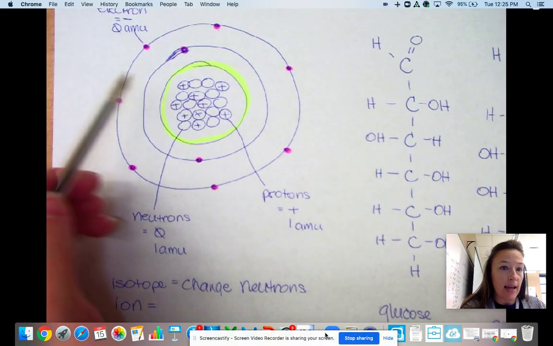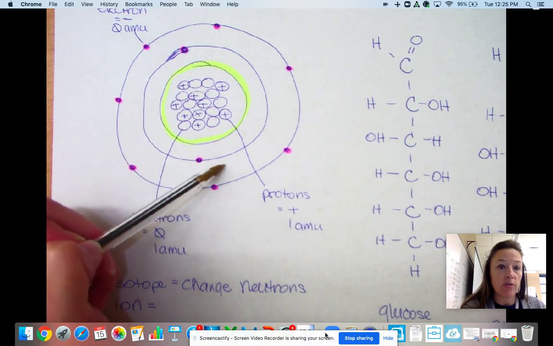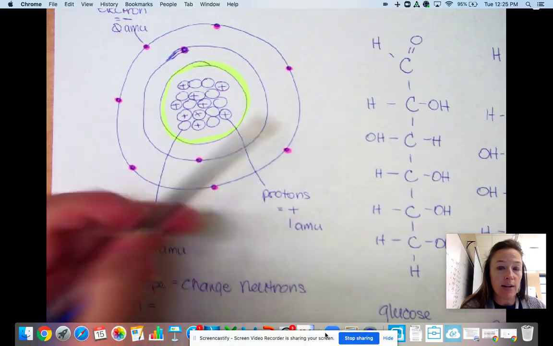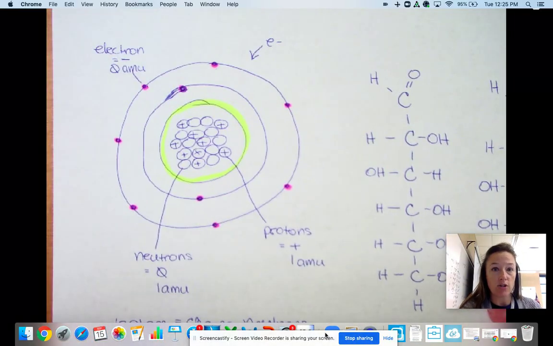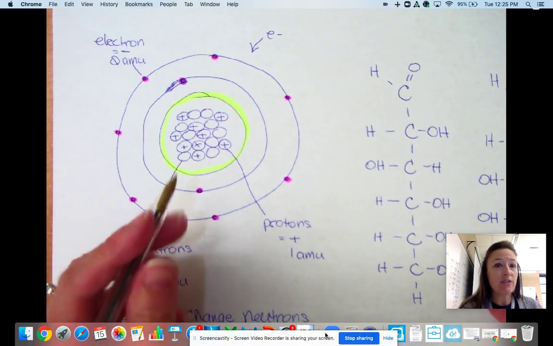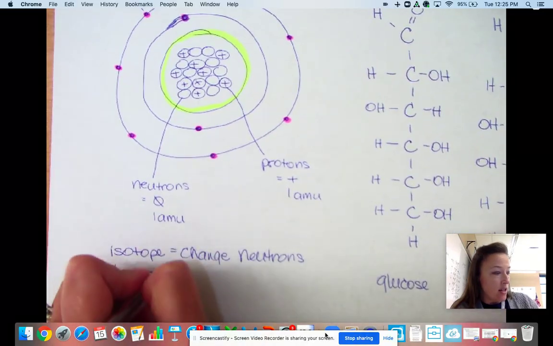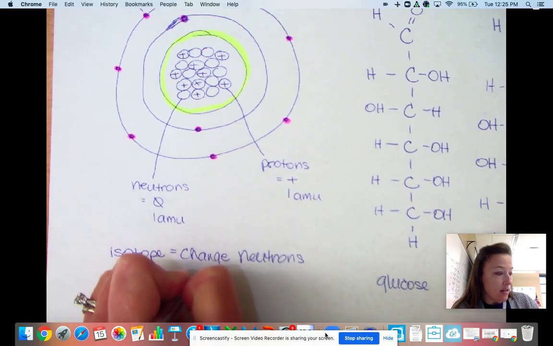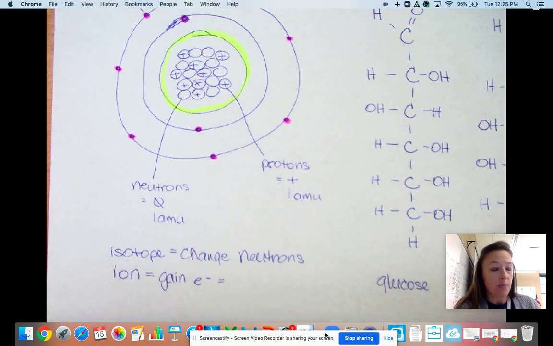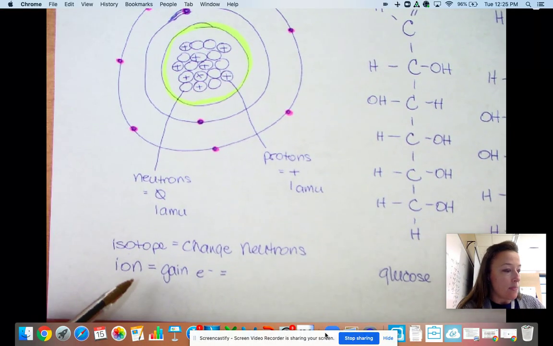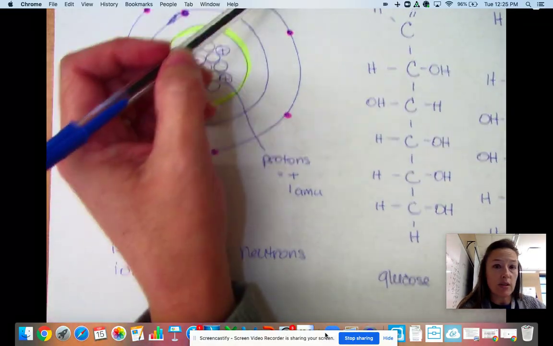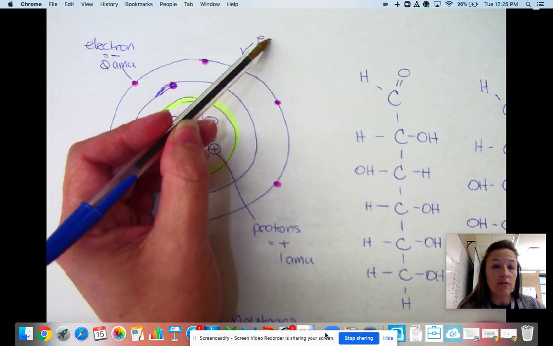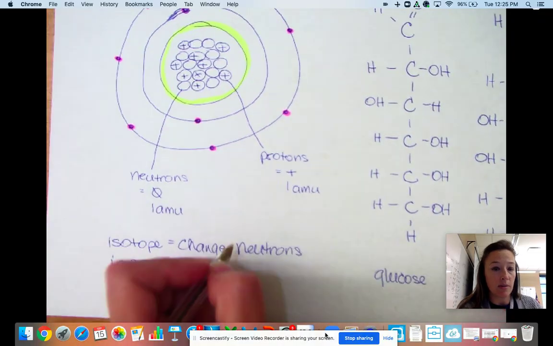So this one has 9 electrons, 2 on the first level, 7 on the outer, and it wants 8. So it is going to highly encourage another electron to come over and play. If it were to gain an electron, it would become a negative atom, or it would become a negative ion. That is because it's neutral, and if you're neutral and you gain a negative, then you become negative.